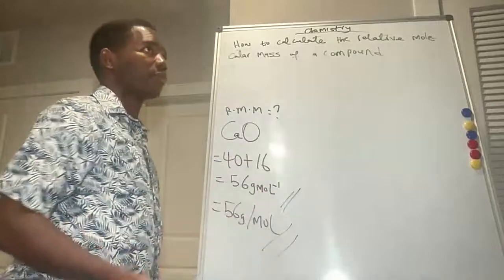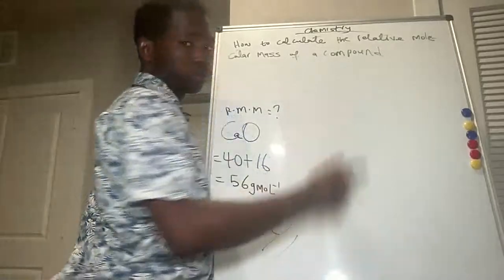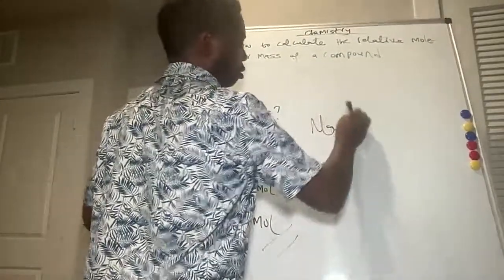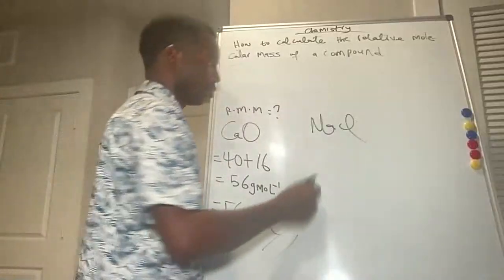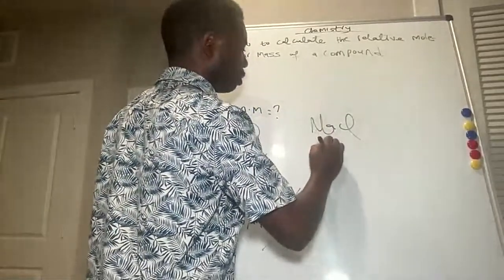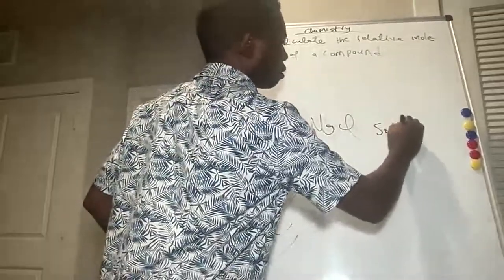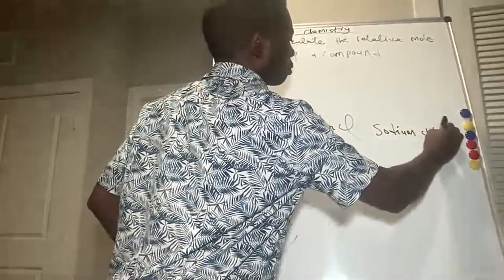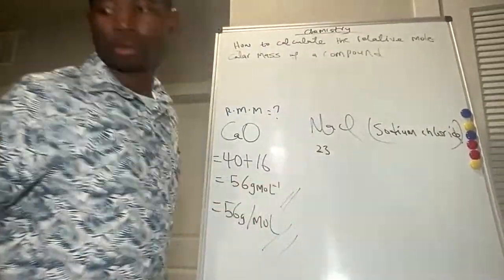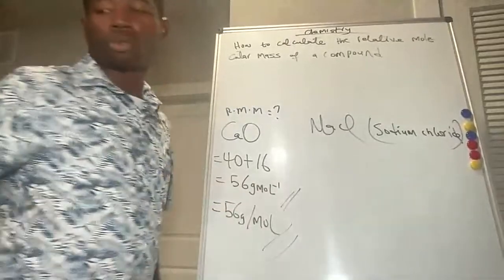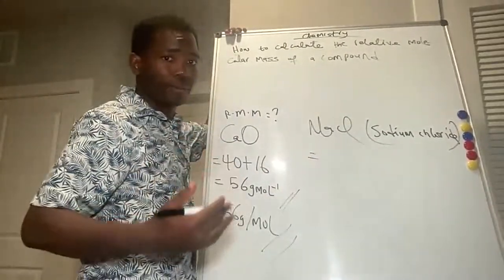You can get a different compound, something like sodium chloride. Calculate the relative molecular mass of sodium chloride. What are you going to do? We are using the same procedure.